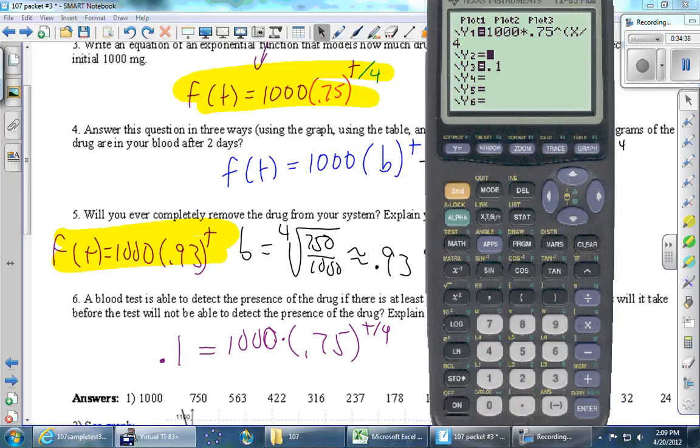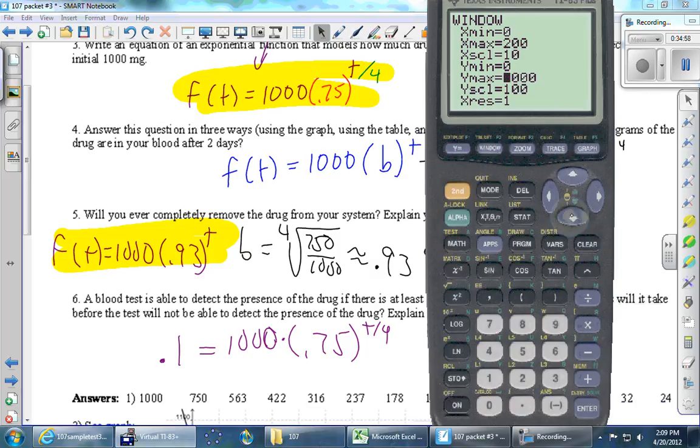and we can intersect. I might need to change the window here because it's going to take longer for it to happen. If I go out 200 hours, for example. And I think I might even have a hard time seeing if I look between 0 milligrams and 1,000 milligrams. Where's 0.1? It's right there on the 0 line pretty much.